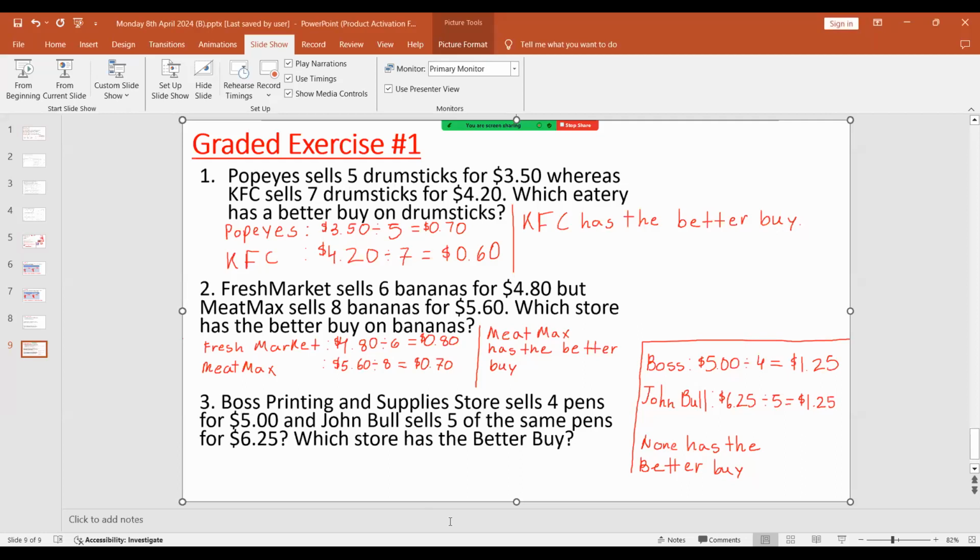I need everyone to take a picture of their work and send it to me via WhatsApp. Take a picture of your work and send it to me via WhatsApp.